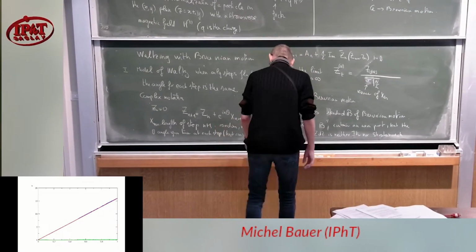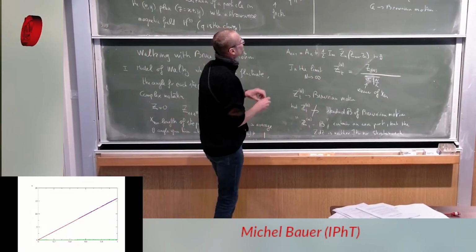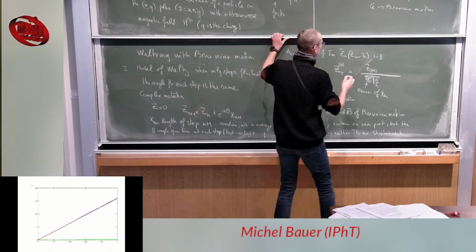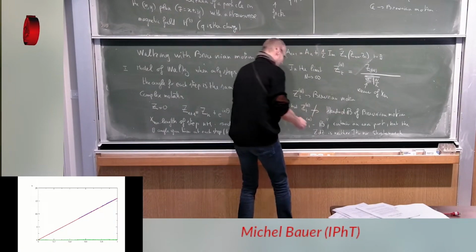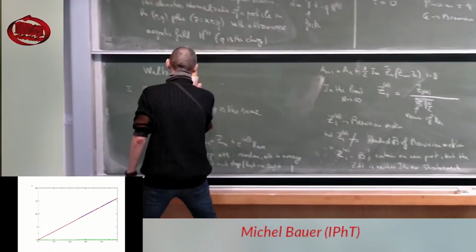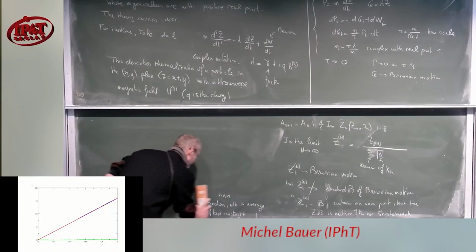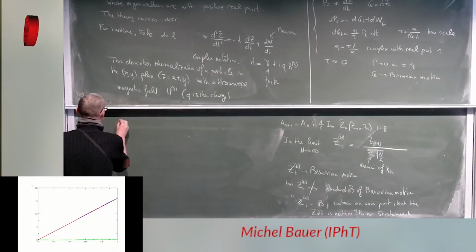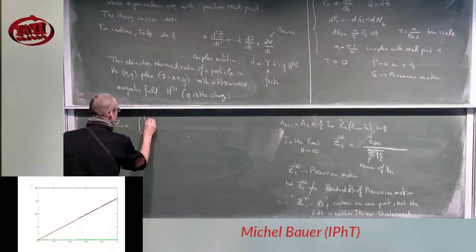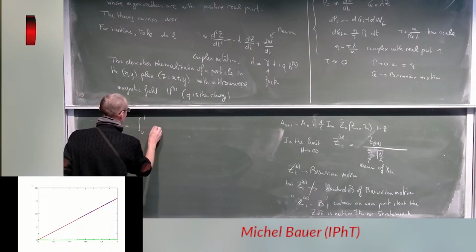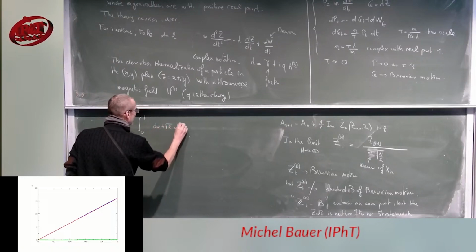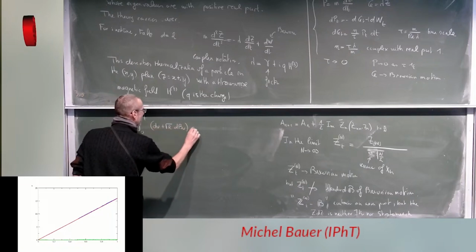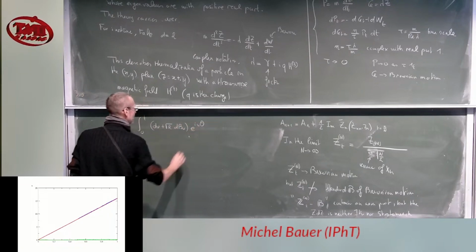And one last thing is that you could study exactly the same kind of process directly in the continuum. Maybe I can take that, and the results would be exactly the same if you imagine that you define Z_t to be equal to the integral from 0 to t of du plus square root of 2 dB_u e to the i u theta.